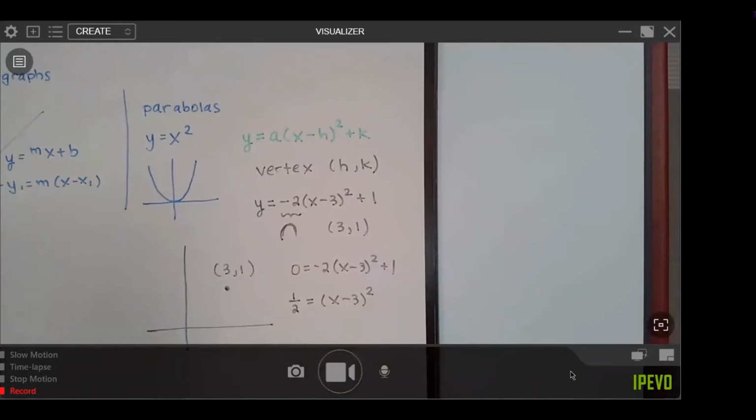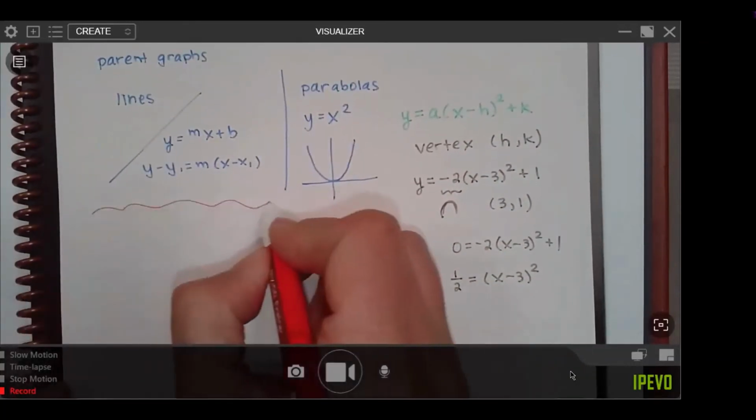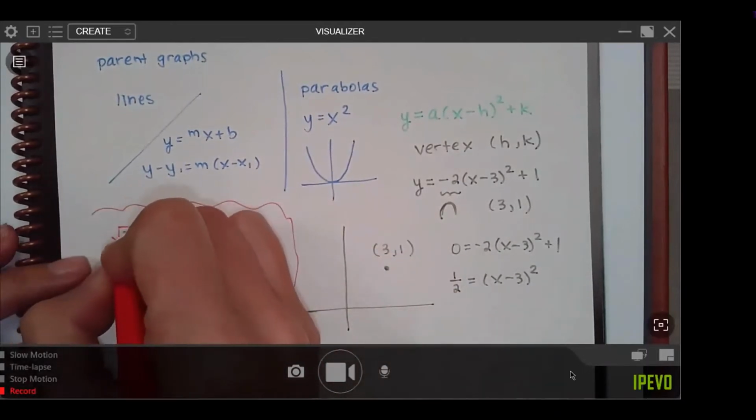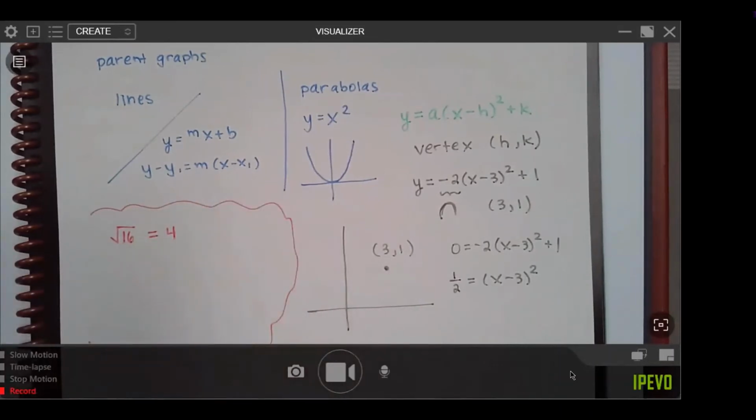Now we have come to a point where I need to take a little side note for a second because we're about to take a square root. Side note. The square root of 16 is 4. It is not plus or minus 4. Mathematicians had to decide on some sort of convention.